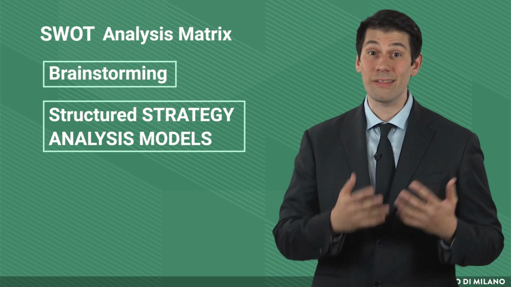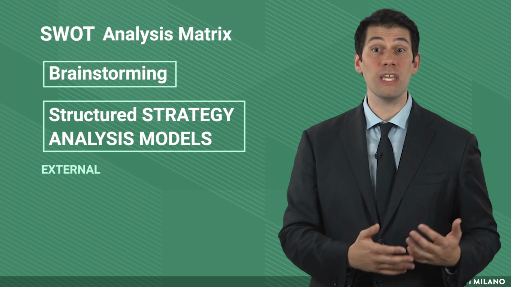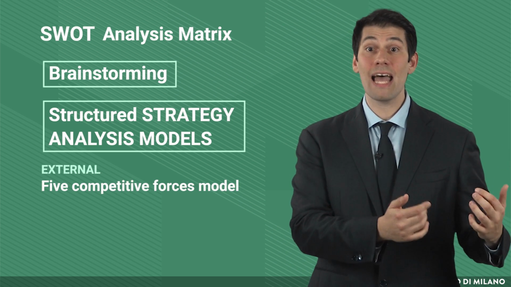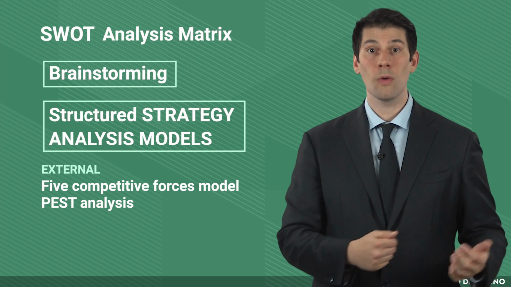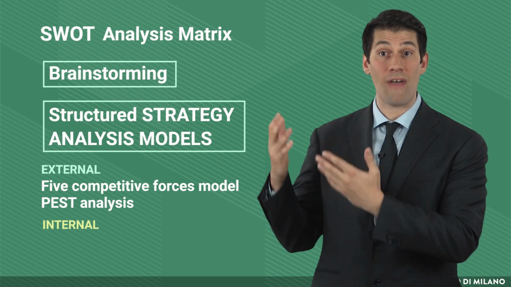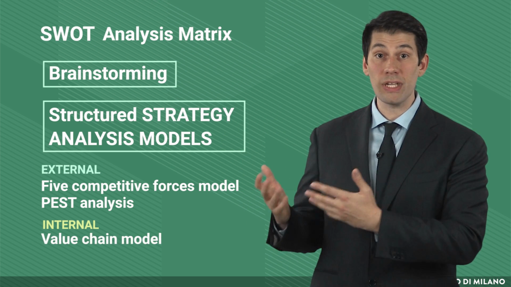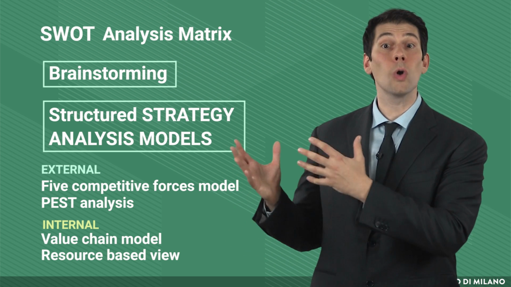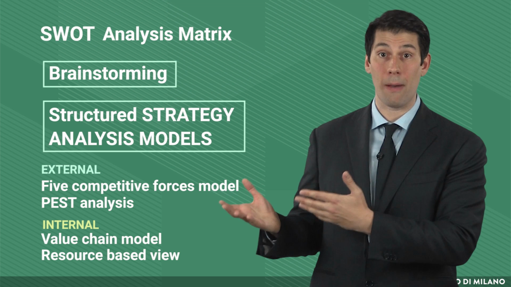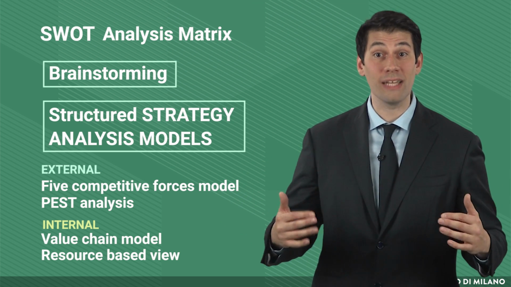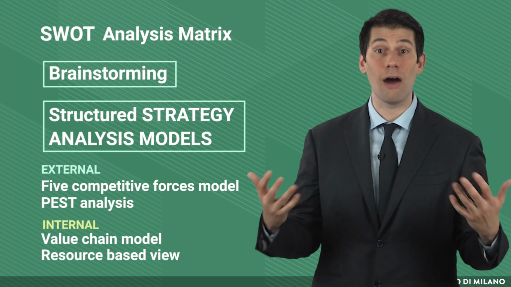For instance, external strategy analysis could be informed by the 5 competitive forces model and the PEST analysis, while internal strategy analysis could be supported by the value chain model and the resource-based view of the company, which looks for its core resources and competencies. These structured models deserve a detailed description and will be covered in the next lectures.